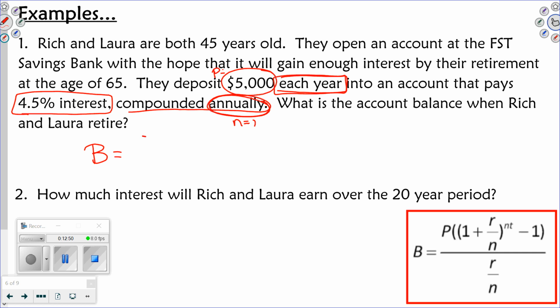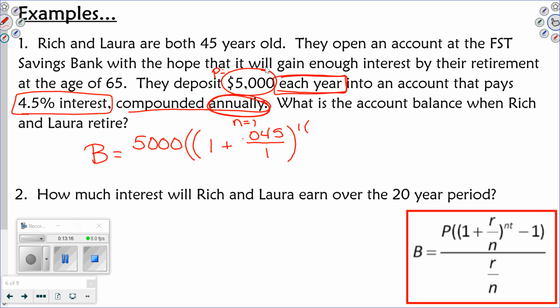So my principal is 5,000. And then there are 2 parentheses. Does everyone see there are 2? You need both. It is not an error that you need both. 1 plus my rate, 0.045. N is 1. Close parenthesis. 1 times, what's the time?